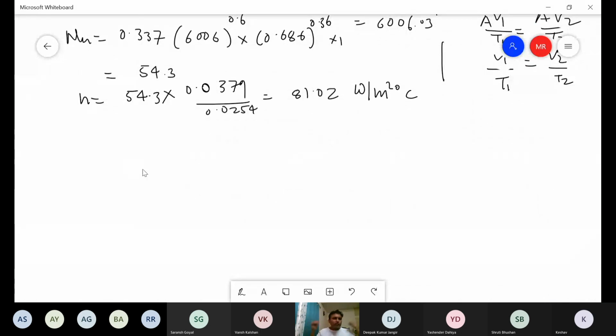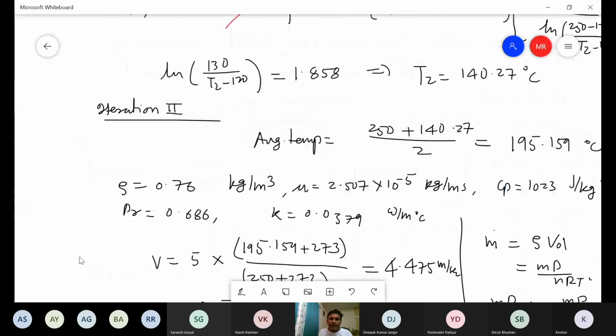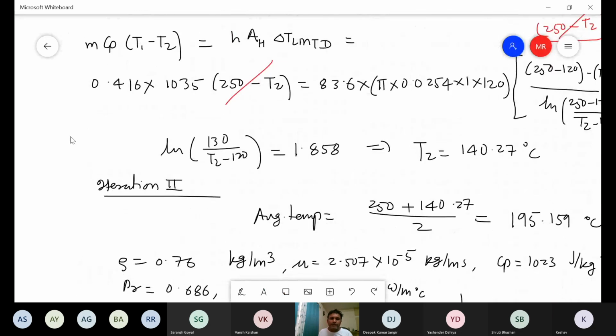So now everything we know, and we can make a balance again for the new condition. For the new condition, again the balance becomes, let me go back up. The mass flow rate we have already calculated, that is 0.416.